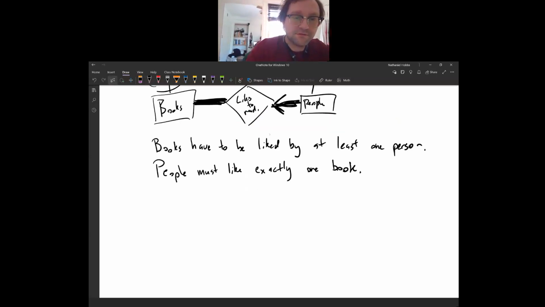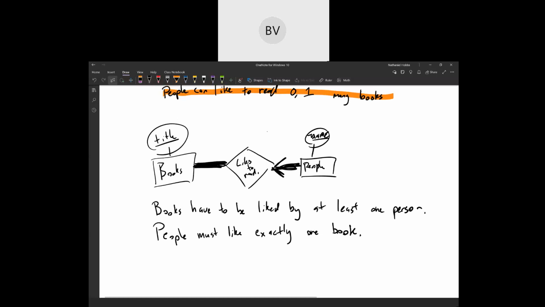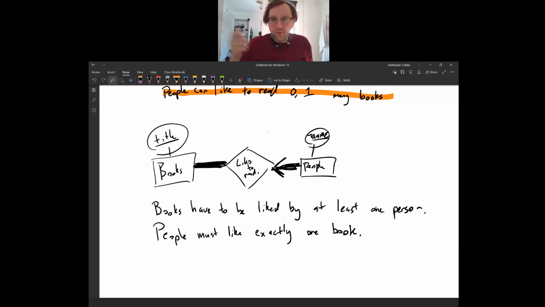So like if each person can only like one book, but there's one less person than there are books, one book is not going to get liked by anybody. Because weren't there only 3 people and 4 books? Right. So what that would mean is that, yeah, one of those rows would have to get kicked out.